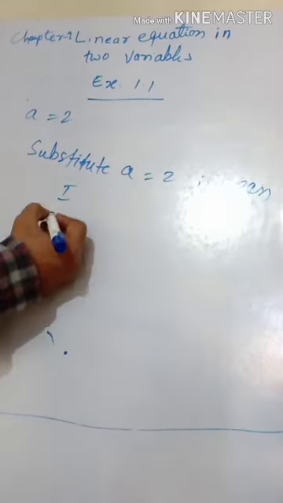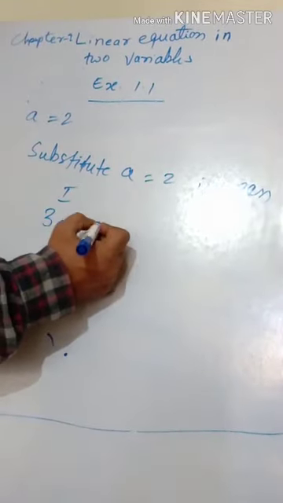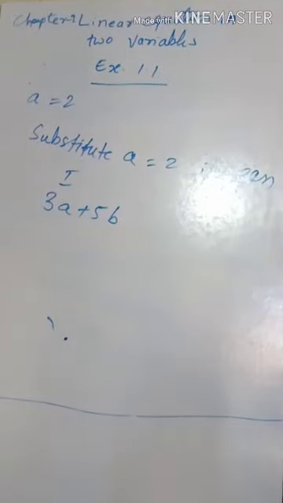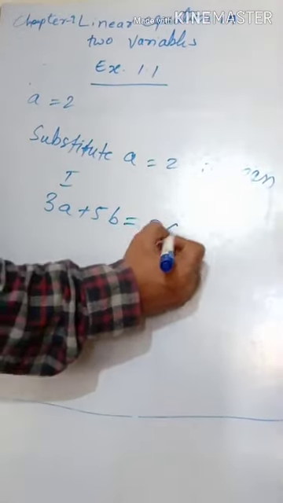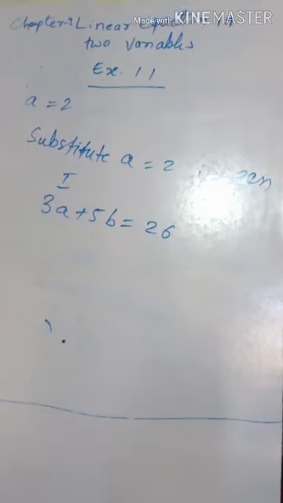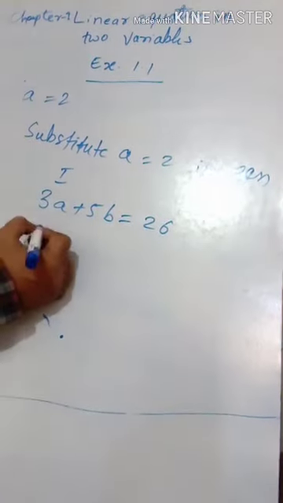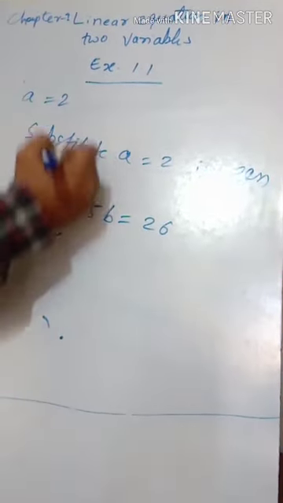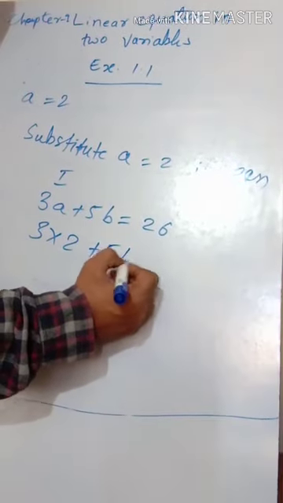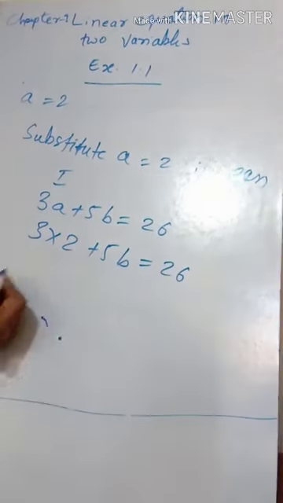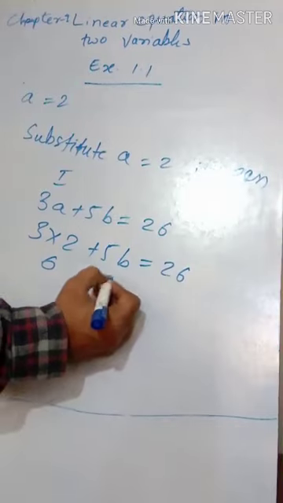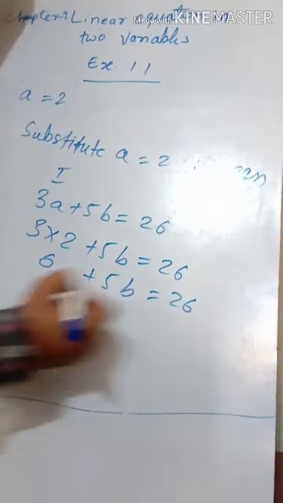What is our equation 1? 3a plus 5b is equal to 26. The value of a is 2, so 3 times 2 plus 5b is equal to 26.